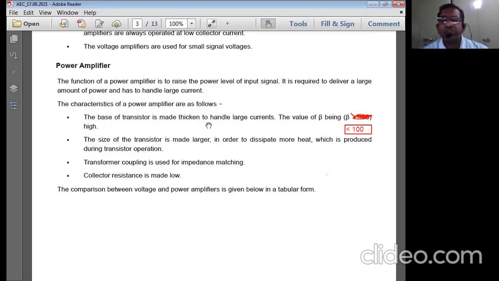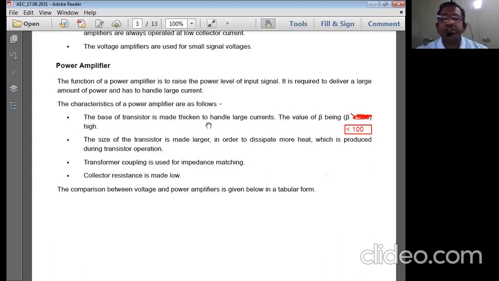So whenever large amounts of currents are going to get transmitted through the base, the base has to be made thicker. Otherwise, the base junction is going to get damaged. The base emitter junction is going to get damaged if excessive current flows beyond its capacity. That's why, to handle large amounts of currents flowing through the base, the base region has to be thicker or larger.